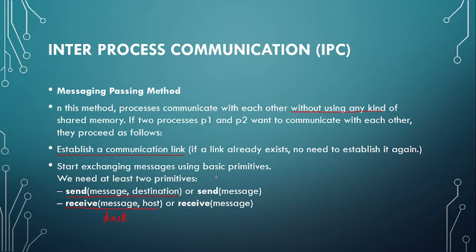Or, we send a message to a mailbox and receive a message from a mailbox. This is the indirect method. So, we have two primitives, one is send, another one is receive.